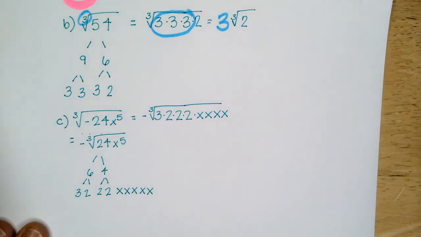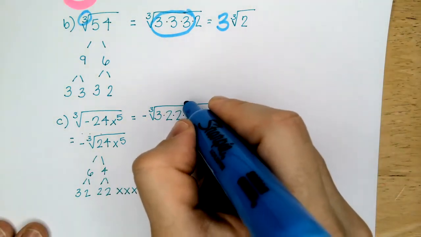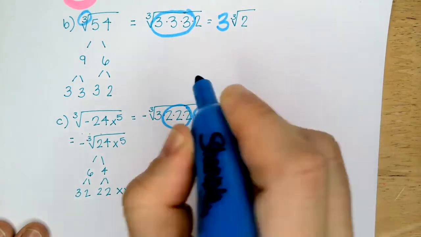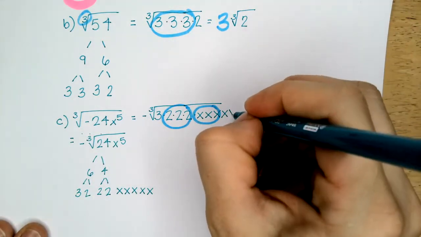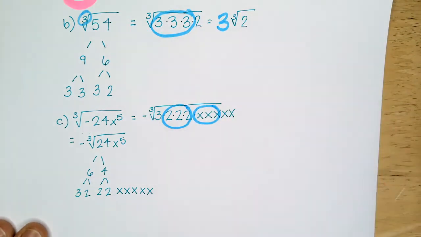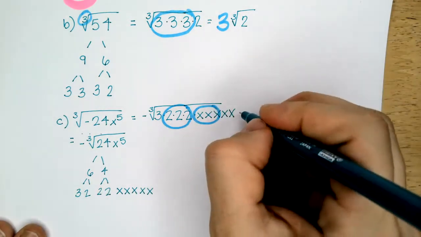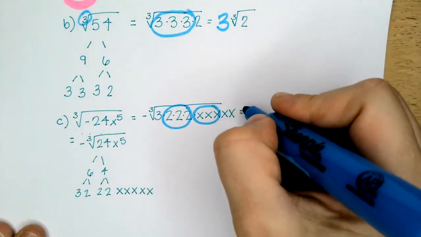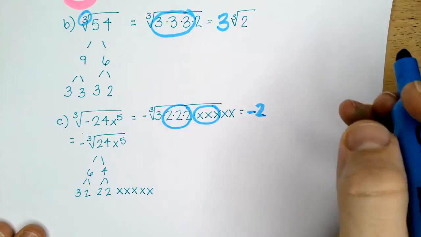Now, what can I take out that has a grouping of 3? I can take out 3 2's, and I can take out 3 of the 5 x's. 1, 2, 3, 4, 5. Good. So that becomes 2. Ooh, sorry, negative 2. Can't forget that negative sign that I took out.